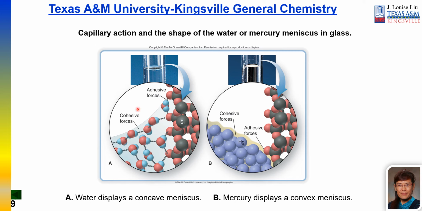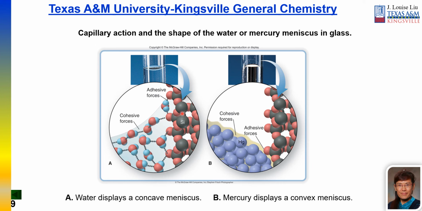In this case, because of the cohesive attraction between water molecule and the silicon dioxide, a chemical composed of your glass wire, and then your water molecule, they attracted to each other through hydrogen bond.